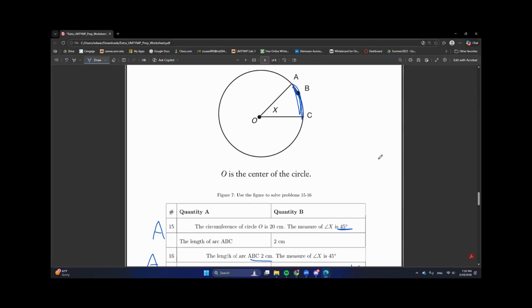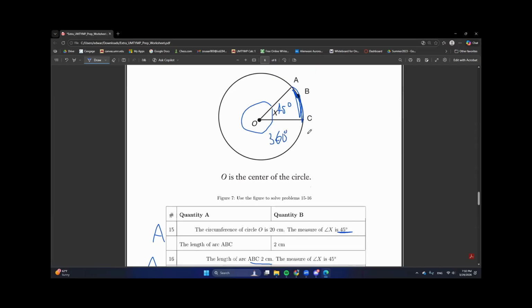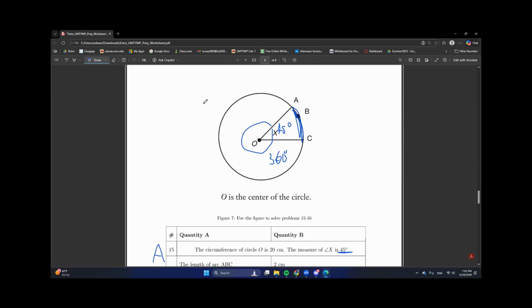To find the length of the arc, we need to find the fraction of the circle it occupies. So how do we find that? Well, luckily we're given the measurement of angle x to be 45 degrees. And we know that the whole circle is 360. So we can find the fraction of the circle that this arc is, and that is just 45 degrees divided by 360.